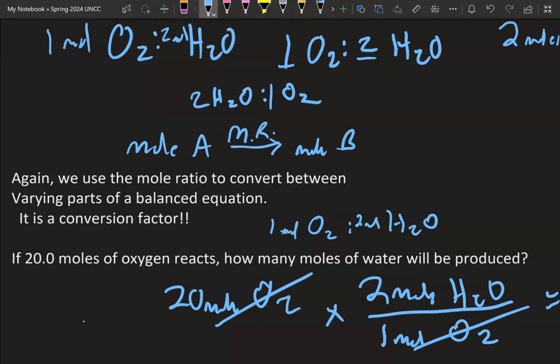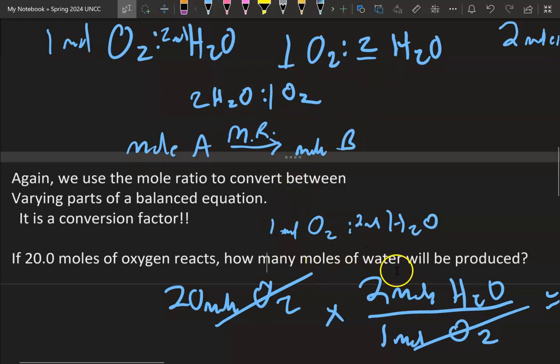That's based off the ratio. We see that up here. All right, and so now we are looking for water. So when we plug this in, we want to make sure that the part that we're looking for is on top. So you wouldn't necessarily put the oxygen on top, because that's not the part that you're solving for. You're looking for water. So we're going to put the water on top, and the oxygen goes at the bottom.